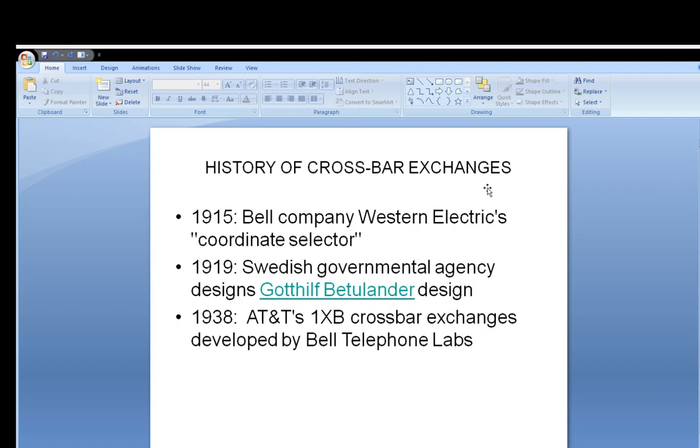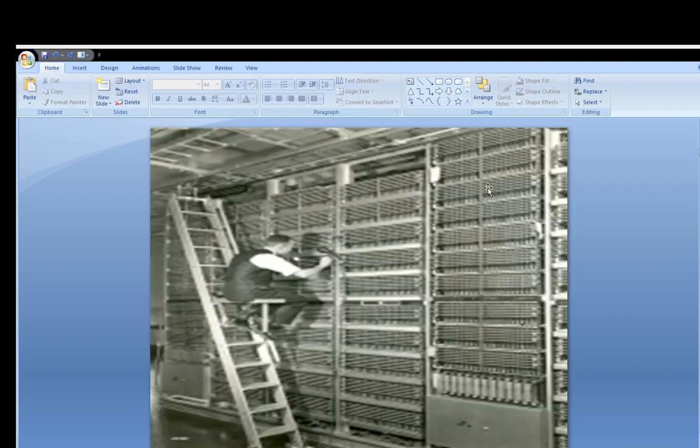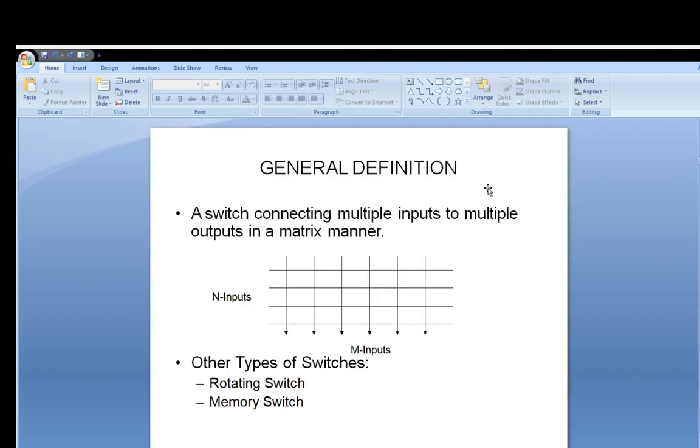We are not going into the historical point of view. This was a type of crossbar switching exchange. From this point we are going to start the discussion on crossbar switching.